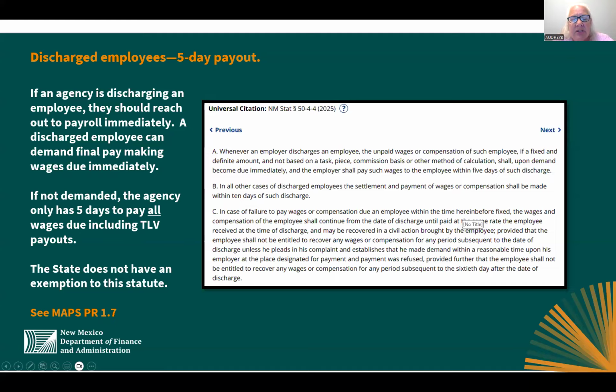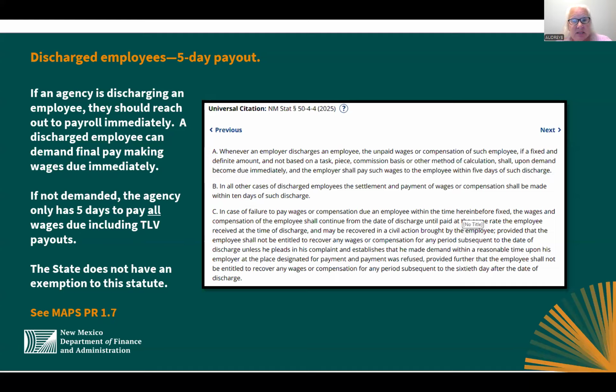Do we have to calculate the additional annual leave and sick leave hours that would have accrued that pay period when we submitted the TLV payment for a discharged employee? Yes, you do. So part of the packet that gets submitted in FSS does account for the hourly wages that are currently being paid.